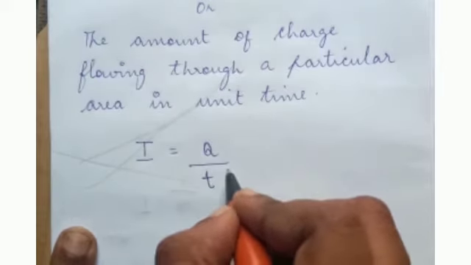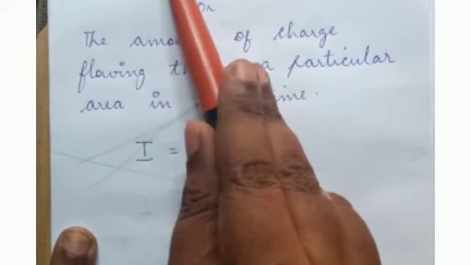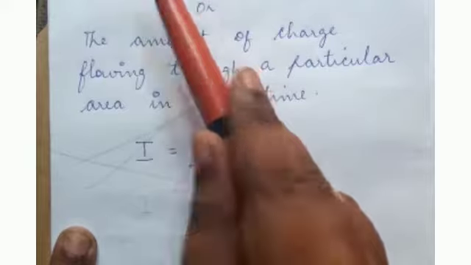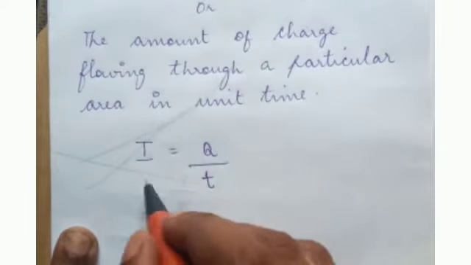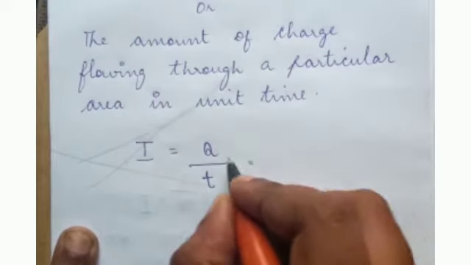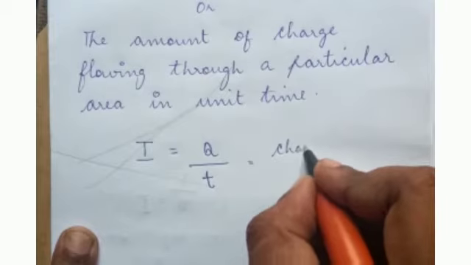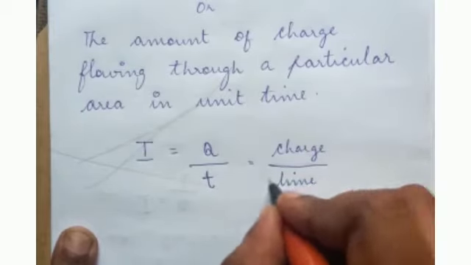Why by t? Here rate means a ratio, and ratio means in maths you just divide. The same thing you do here. So I is equal to Q by t, where Q is charge and t is time.